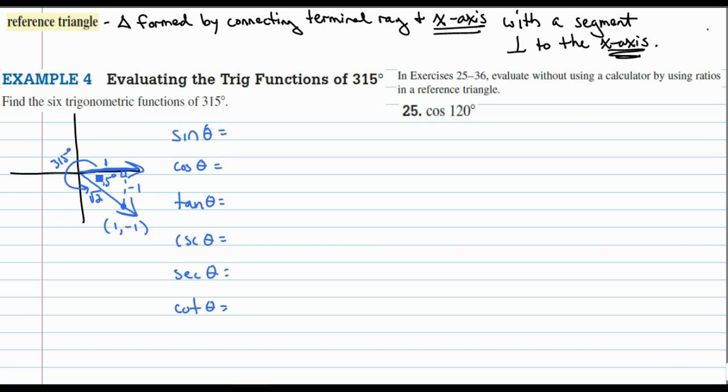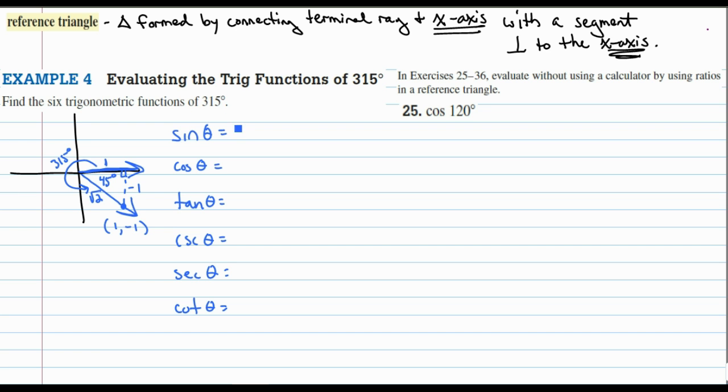So essentially I'm using this little 45 degree angle with my 45, 45, 90 triangle to come up with my 6 trig functions of 315 degrees. The only difference between the 6 trig functions of 45 degrees and the 6 trig functions of 315 degrees is that anything involving the opposite side is going to be negative.